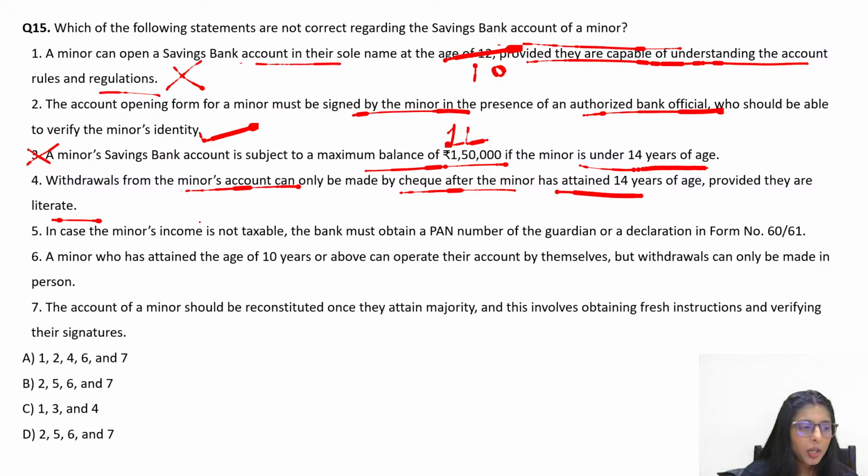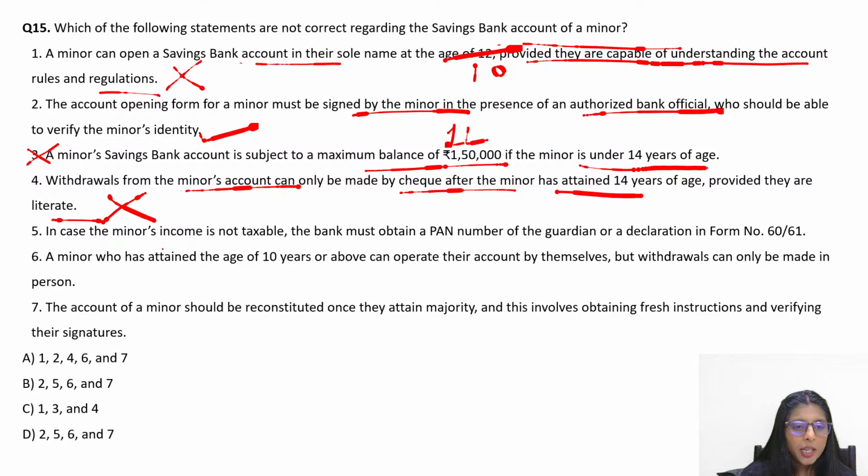It's incorrect. A minor can receive a chequebook if they are literate and capable, but withdrawal does not need to be limited to cheque after age 14. Okay. So a minor can have the chequebook, but withdrawal can only be done after he attains the age of 14 years.